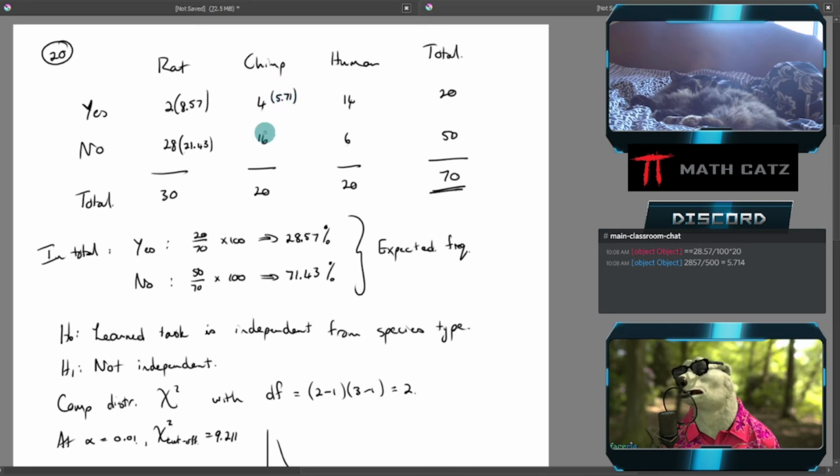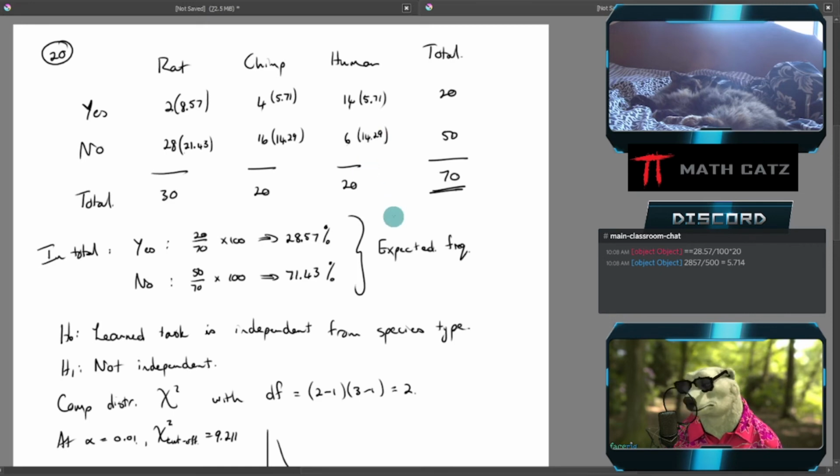And you see, that's pretty close to what I observed. And then the other one, I'm going to leave to you as 14.29. Now, the nice thing doing this by hand is that the chimp total and the human total are the same. So therefore, the percentages of these totals will also be the same. Only because the totals are the same, and that saves me a little bit of effort.